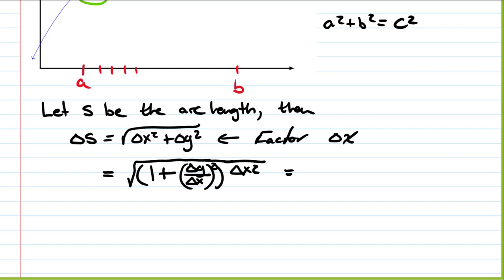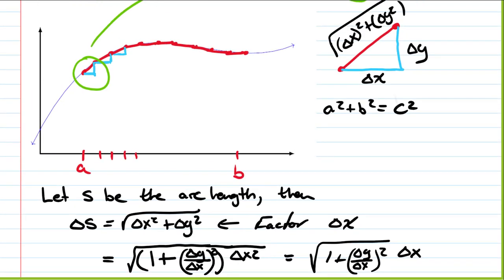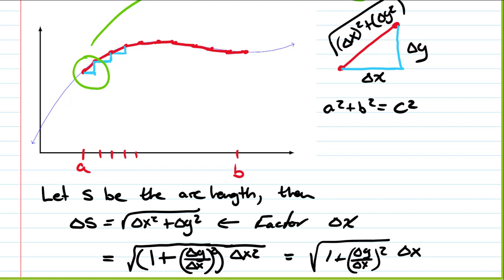And then finally, we have a product, so the square root of delta x squared is going to be delta x. So finally, we get the square root of 1 plus delta y over delta x squared, times delta x. So this is our approximation for each of those little teeny arcs, right?